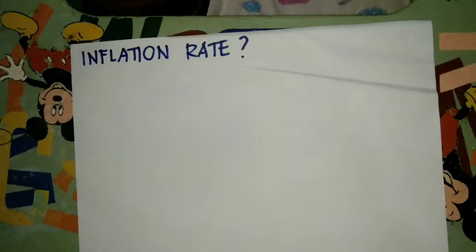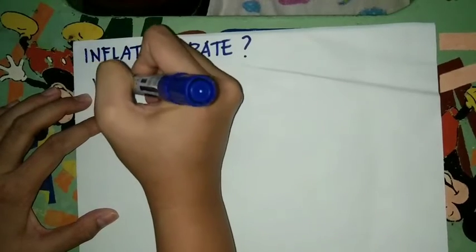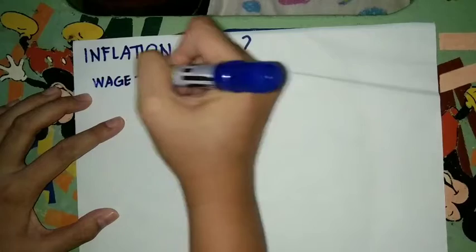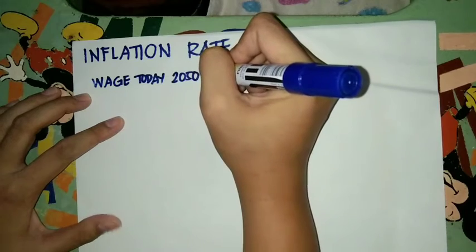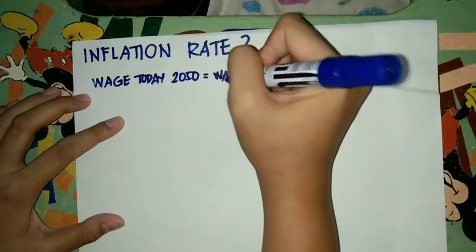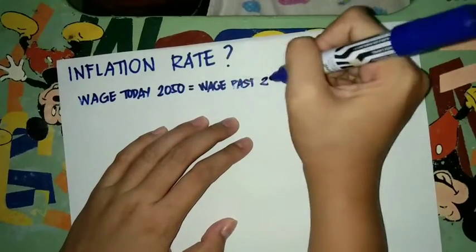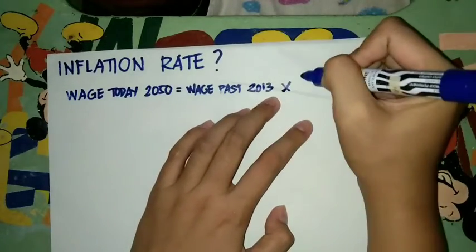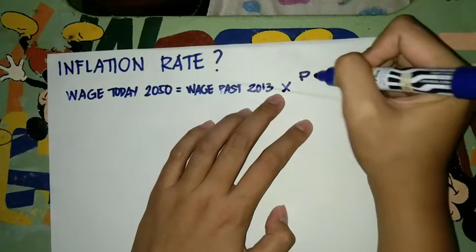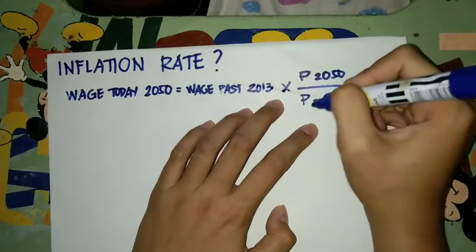We have here the wage of today, which is 2050, equivalent to the wage of the past, which is 2013, multiplied by the purchasing power of 2050 over the purchasing power of 2013.